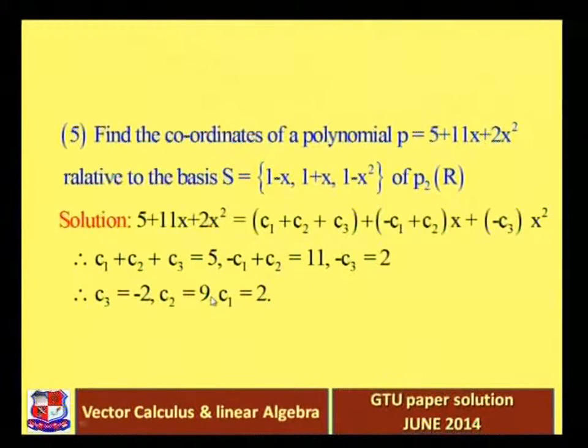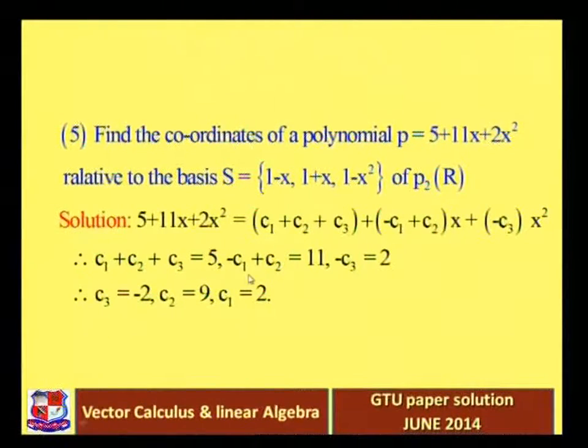Say c3 is equal to 2, so put the value 2 here. So we get c1 plus c2 is equal to 3, and here minus c1 plus c2 is equal to 11.